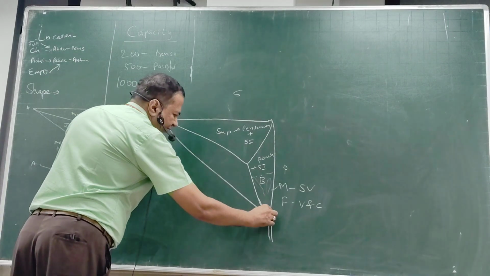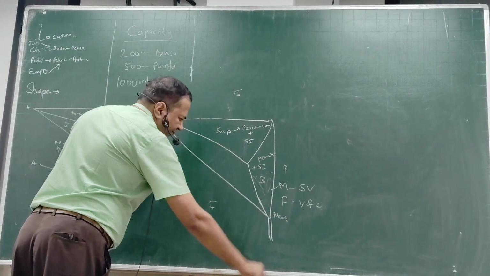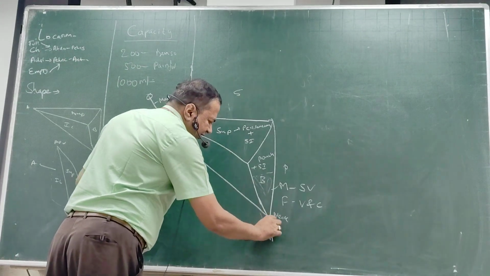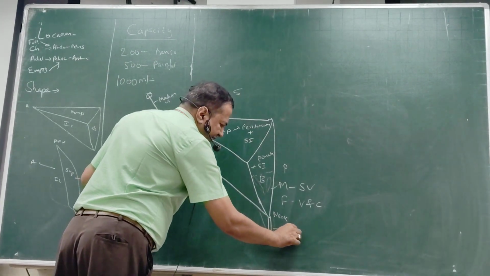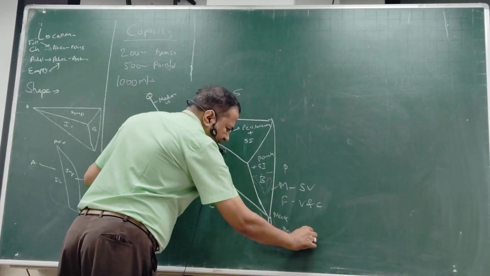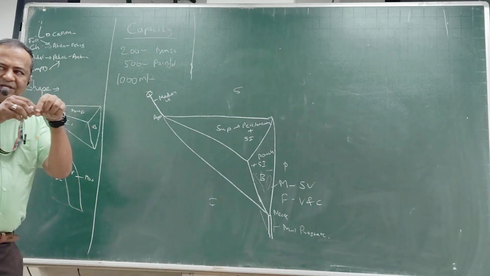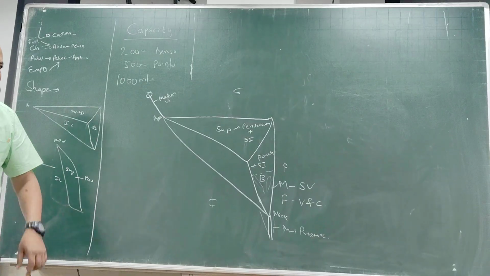Then the neck, this part is called the neck, the inferior part. In males this neck is related to the prostate, because the urethra enters the prostate from there.